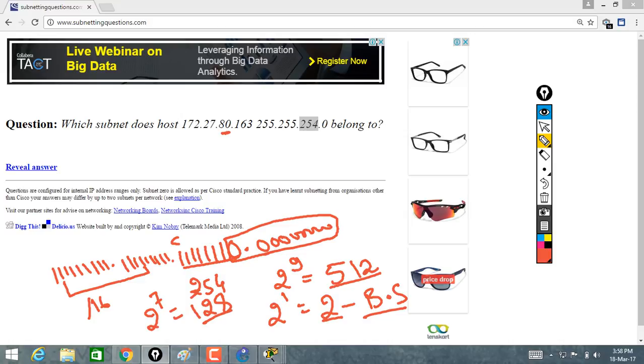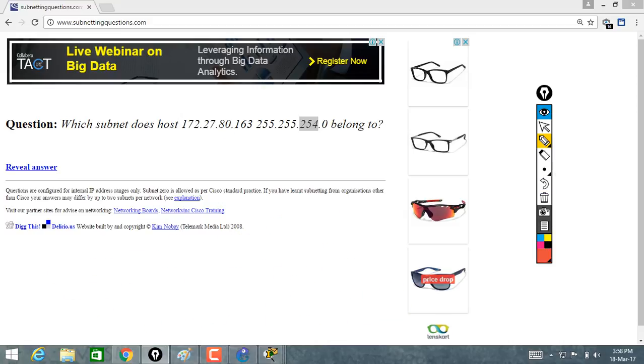So IPs always start from the right-hand side. The block size we have got is 2, so do one thing, 80 divided by 2.